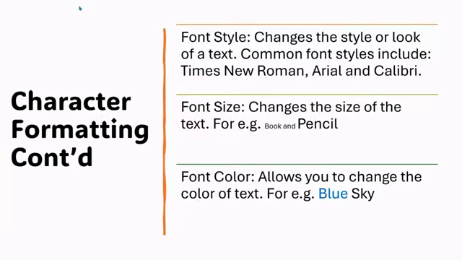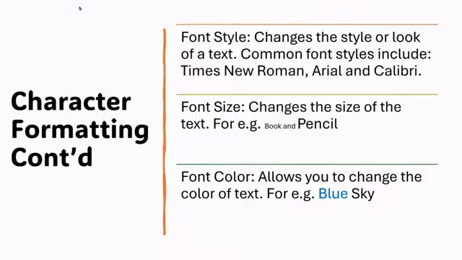Font size changes the size of the text. And you see right there we have book and pencil. As you would have noticed, book is much smaller than the remaining text. So you realize how big pencil is and how small book is. So these are ways in which we use font size to change the appearance of the text.